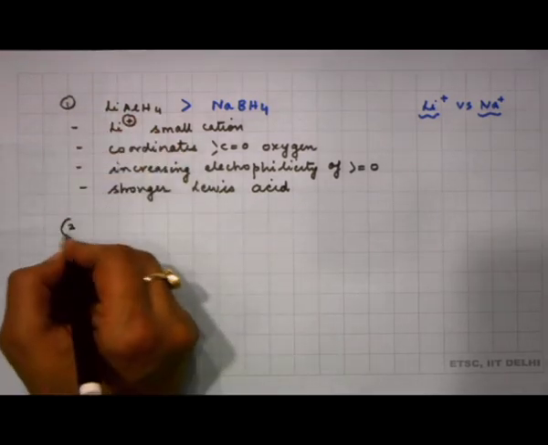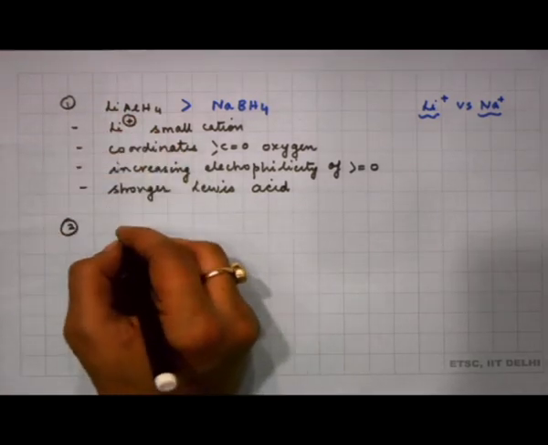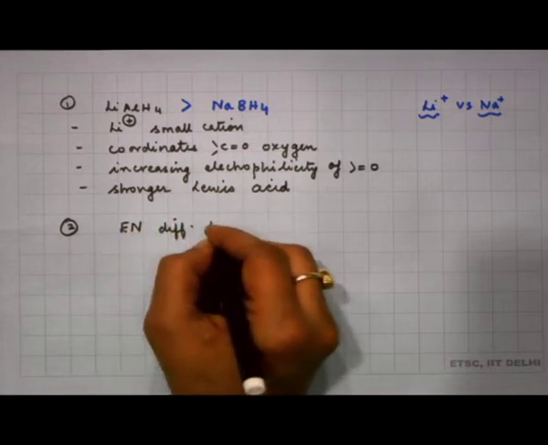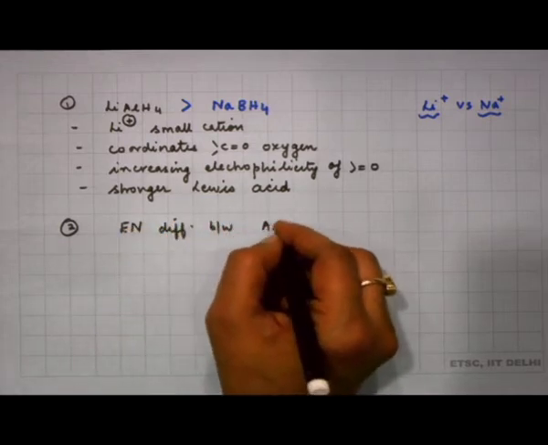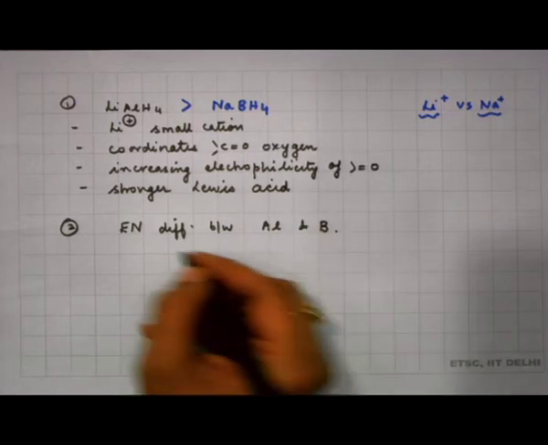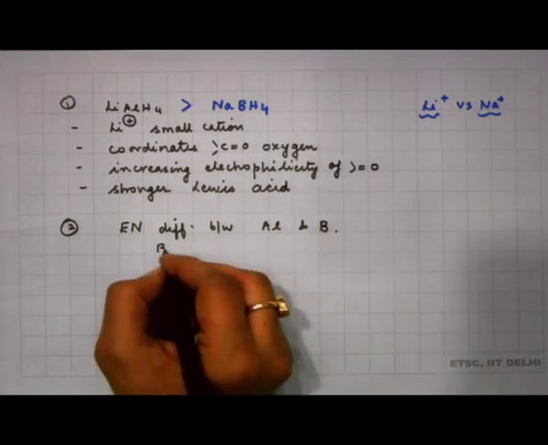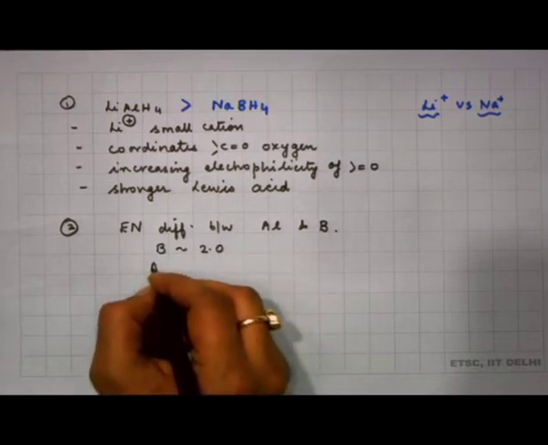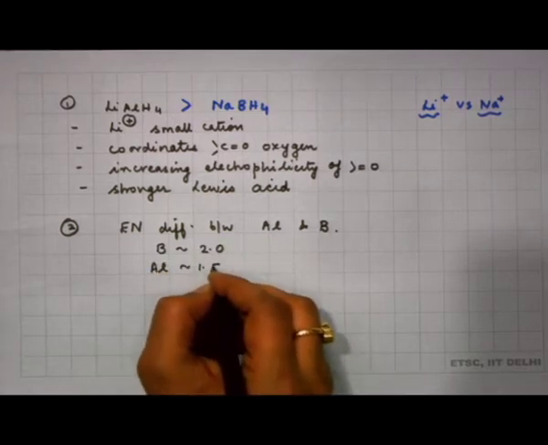The other explanation could be in terms of the electronegativity difference between aluminium and boron. The electronegativity of boron is roughly of the order of 2, while that of aluminium is of the order of 1.5.